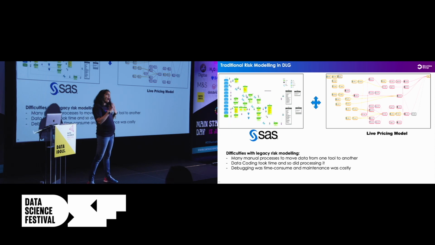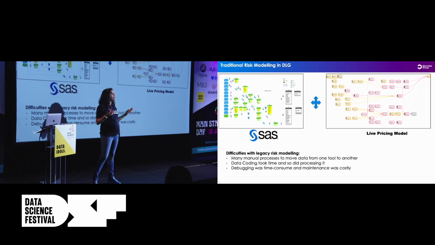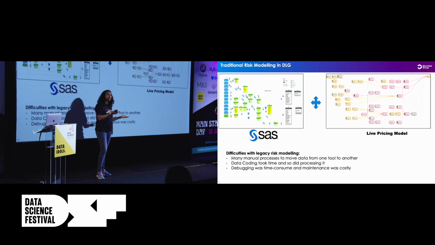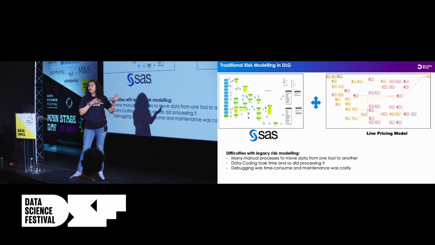And coding in SAS, I don't know how many of you are experienced, but coding in SAS is complex. It is lines and lines of code that you have to write before you can actually schedule and automate it. Once that's done, the outcome of that is fed into live pricing models. In our company, we use Radar, but there are a lot of tools available in the market that can consume data sets from SAS, either converted to CSVs, etc., to do modeling.